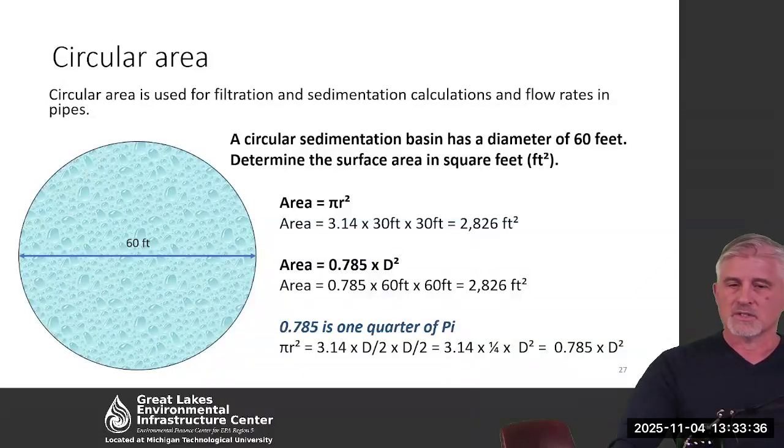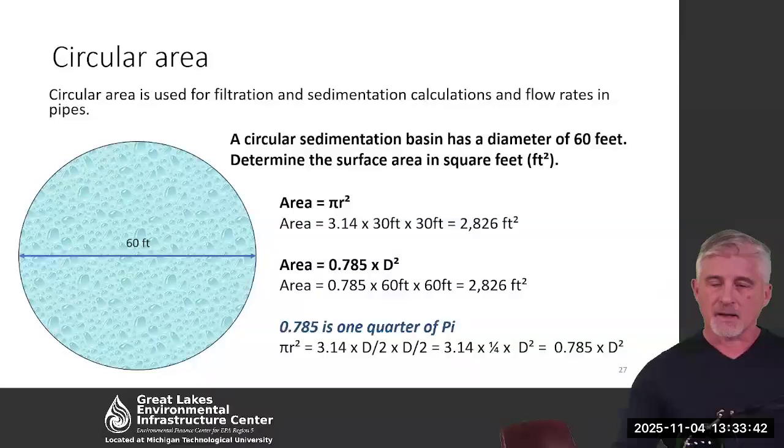That gives us 2,826 square feet. If we use area is equal to 0.785 times the diameter squared, we take 0.785, multiply it by the diameter and the diameter again, and lo and behold, we get the same answer.